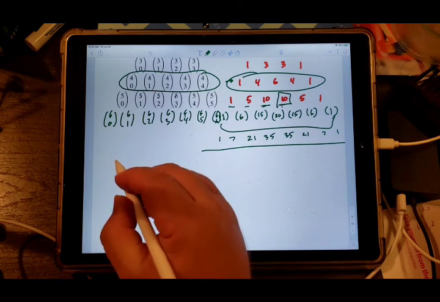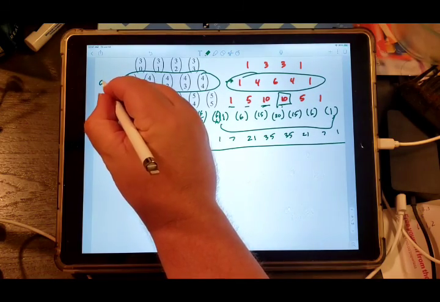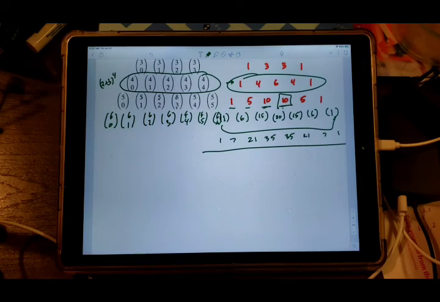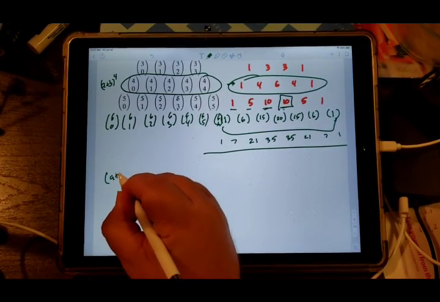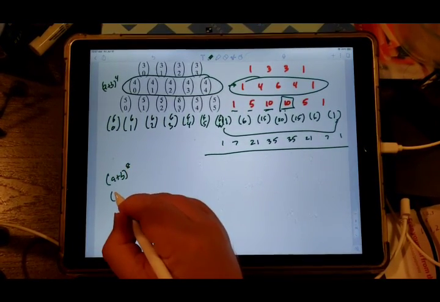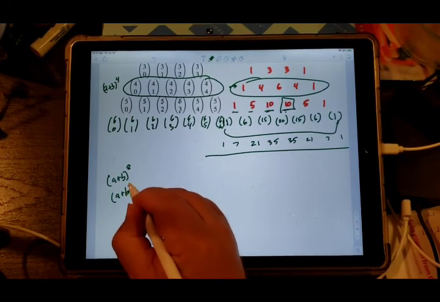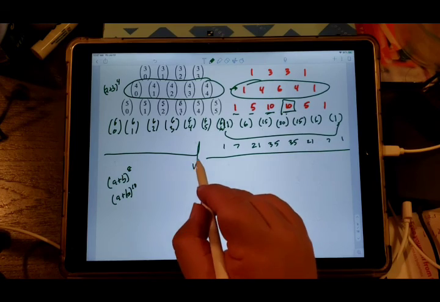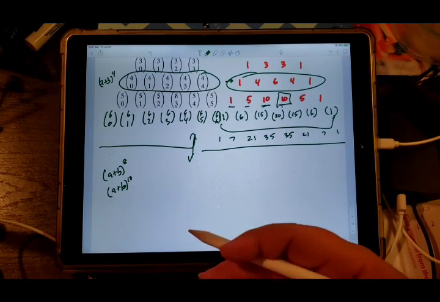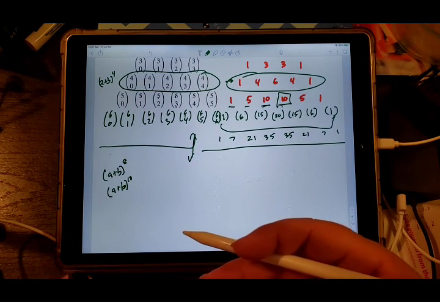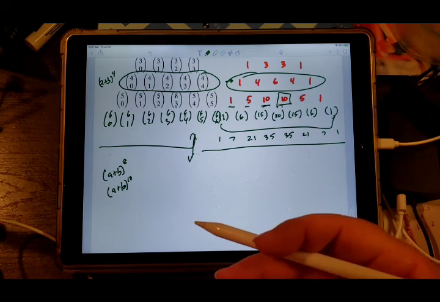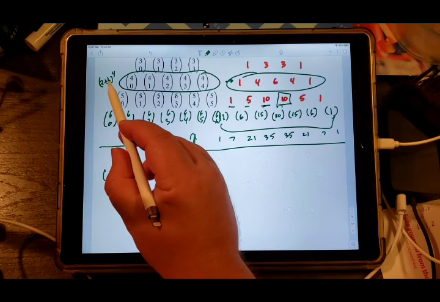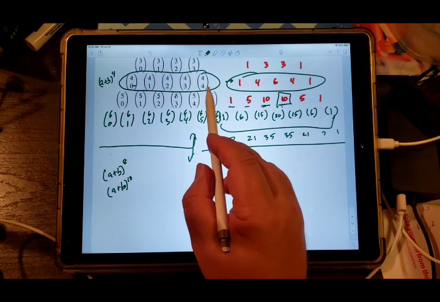I'm not saying that all problems will be a plus b to the 4. No, there might be a problem with a plus b to the 8, or even a plus b to the 10. But there's this wall, a difference, where the author will most likely, when it's a plus b to the 4th, ask you for all of the terms.